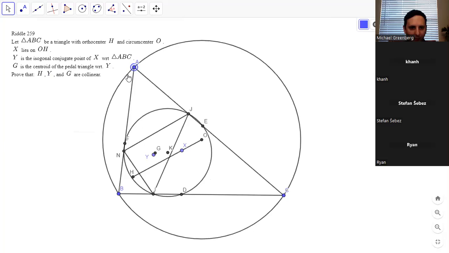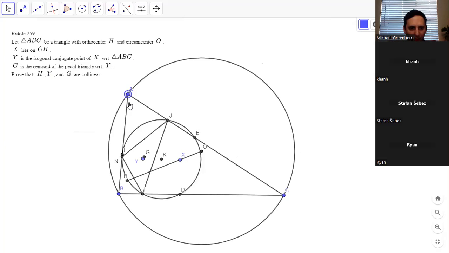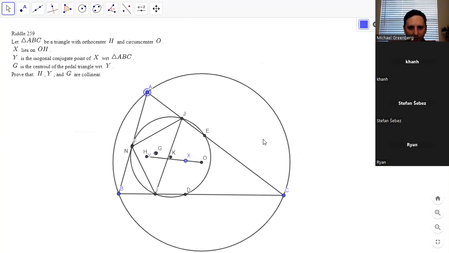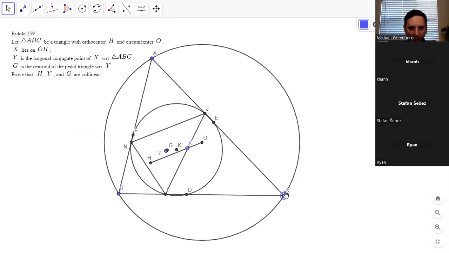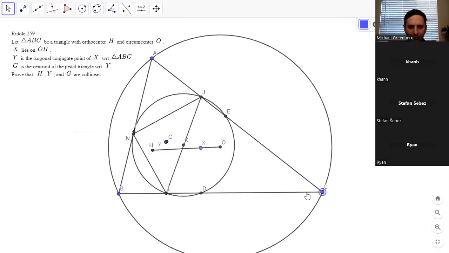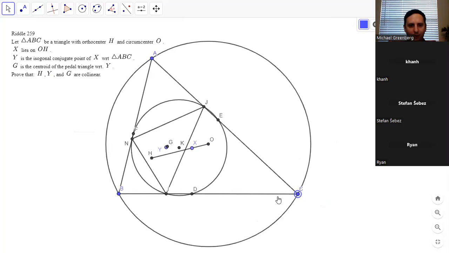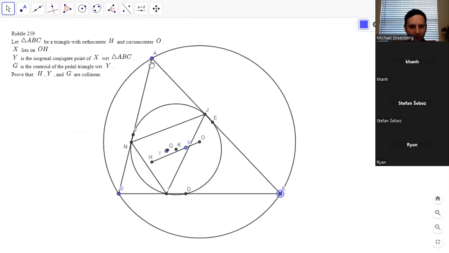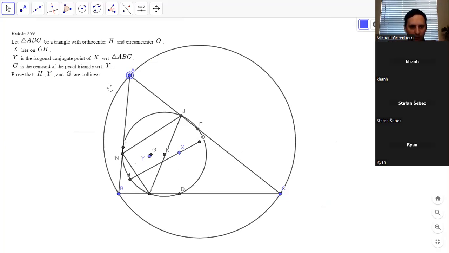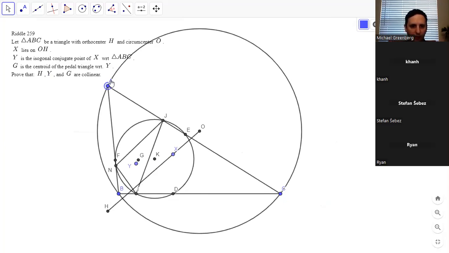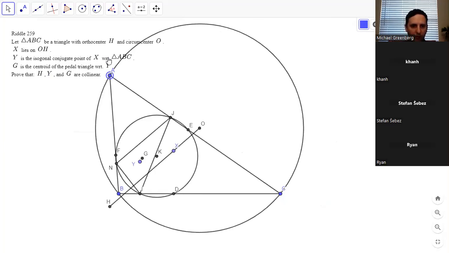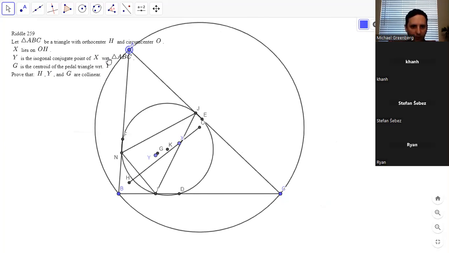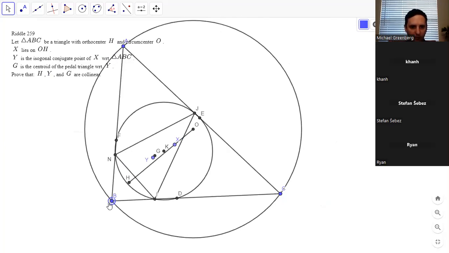Although Y and G are really, really close. So let's see. If I make it a tall triangle, does that help? No, then they get even closer. Yeah, Y and G are really, really close. If I make it an obtuse triangle, then they're farther apart, although I don't know if I want to make it an obtuse triangle.